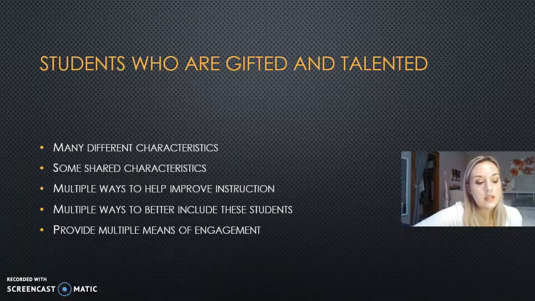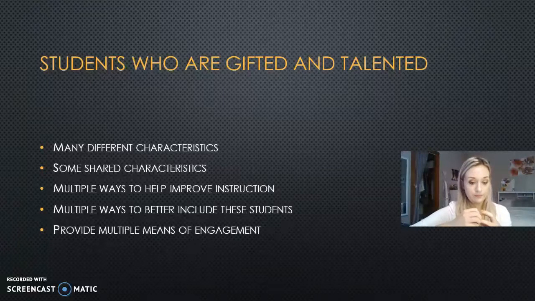Finally, students who are gifted and talented have differing characteristics, but usually share a few of them, which could be high general intellect, specific academic aptitudes, strong creativity and leadership ability, and there are even more characteristics that they share.